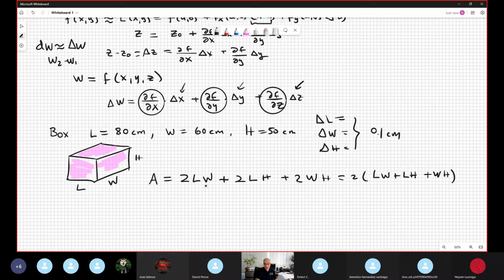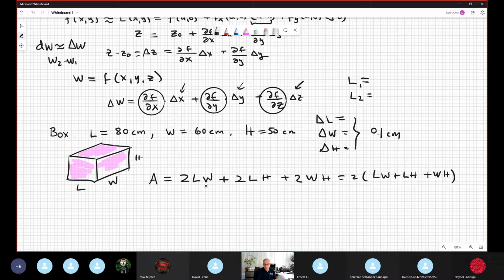One way to do this in this elementary example without calculus is, well, you suppose L, for example, or length, or width, or height, in the worst scenario.